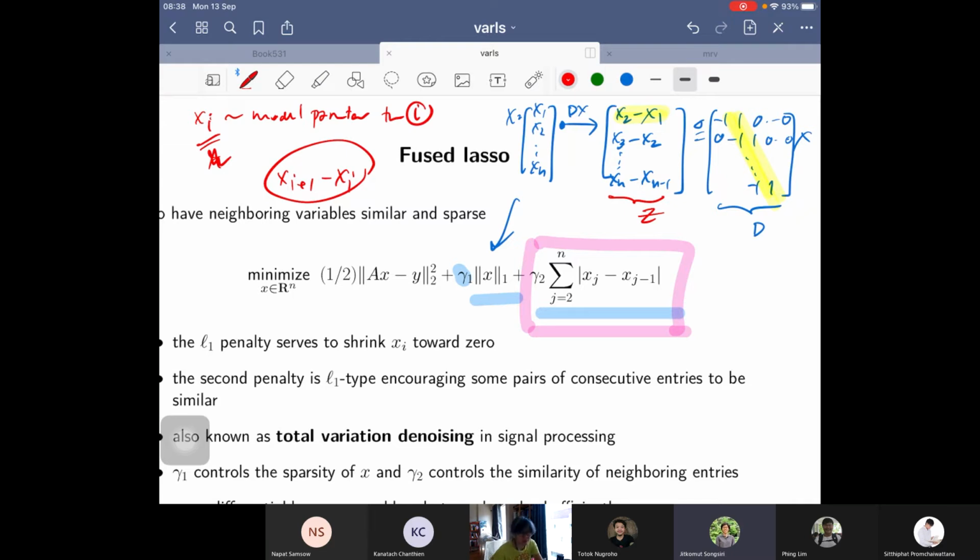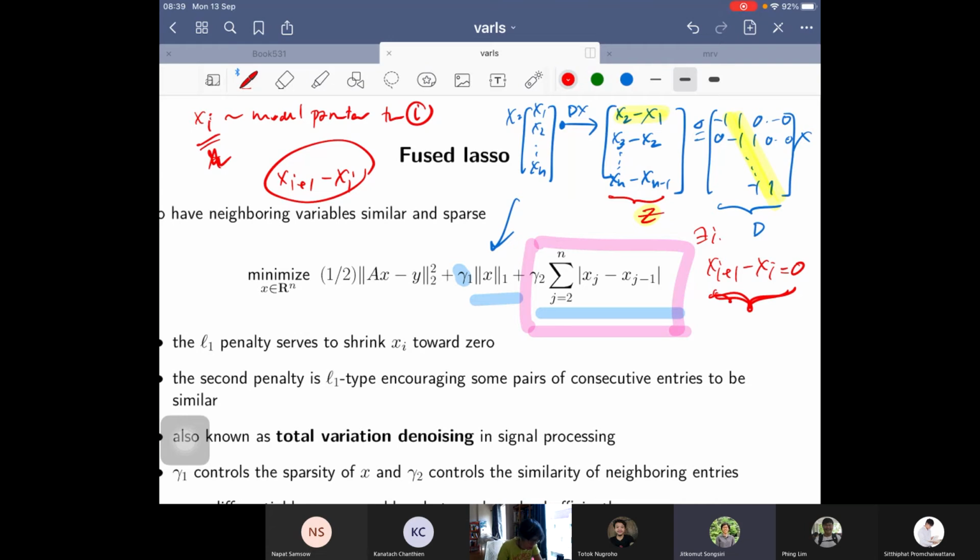Okay, in the fused Lasso, you have this purpose that you want to make z sparse. When you make z sparse, it means that for some entries of i, xi plus 1 minus xi is 0. So the meaning of this is that you want the parameter to have no change with the index i, and of course it depends on your application what index i would represent.